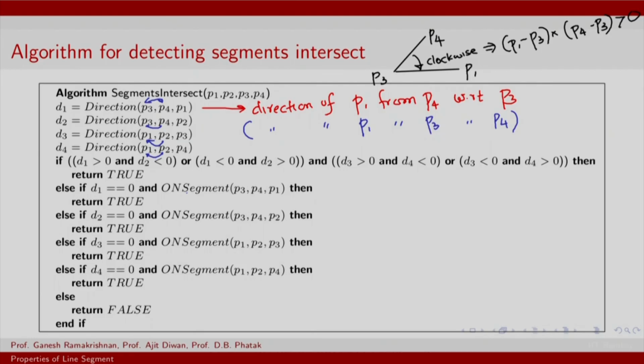You will find that not much will change at all. Now if you find that D1 and D2 have opposite signs irrespective of whether the pivot is P3 or P4, and if directions D3 and D4 have opposite signs, then you are done.